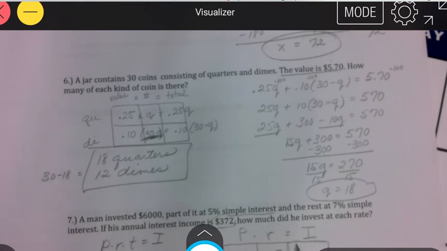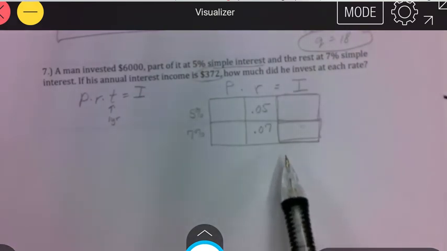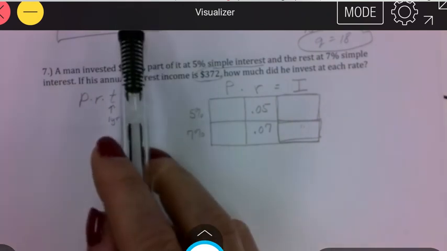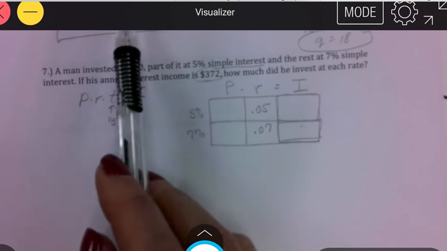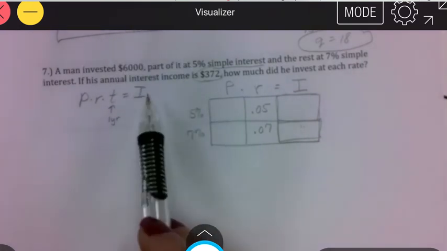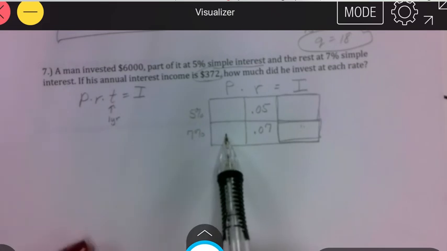And just as up on problem number 6, we had to split 30 coins up between the dimes and the quarters. We're going to have to split 6,000 up between 5% and 7%. Okay?